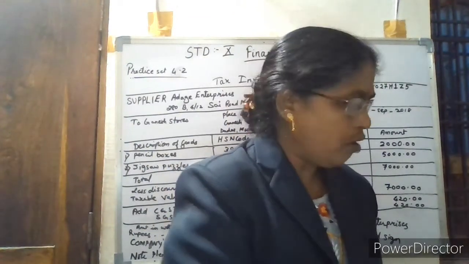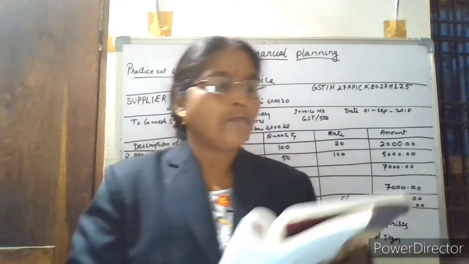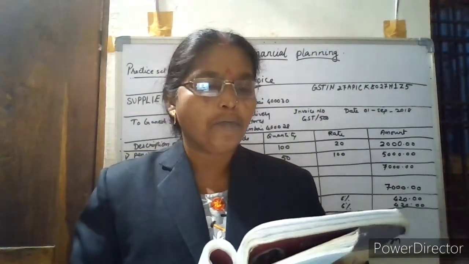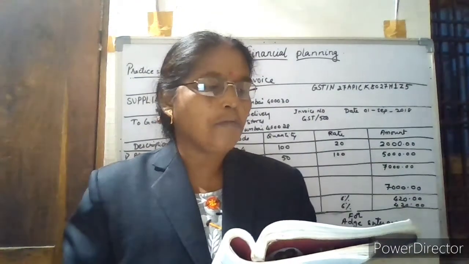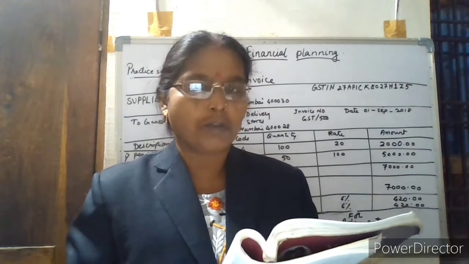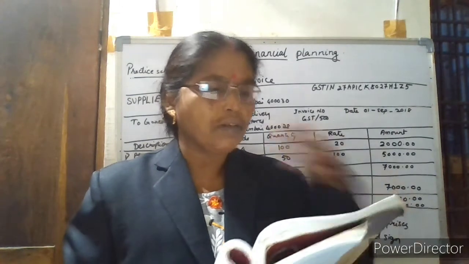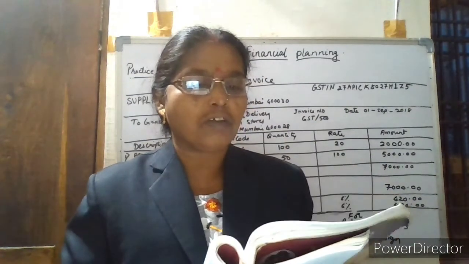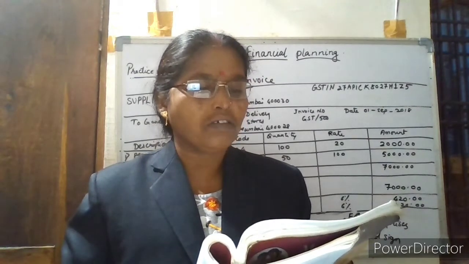Now we go to the next question, question number 7. Prepare a business to business tax invoice as per the details given below. Name of the supplier, address, date, etc. as per your choice. Supplier's name, address, date, GSTIN, invoice number, date. Recipient's name, address, state, GSTIN.